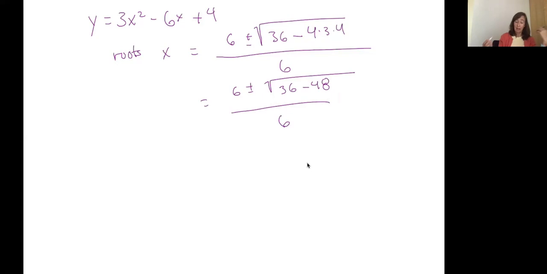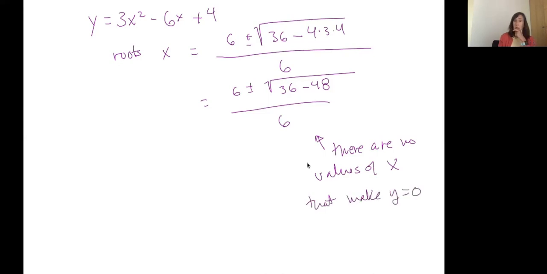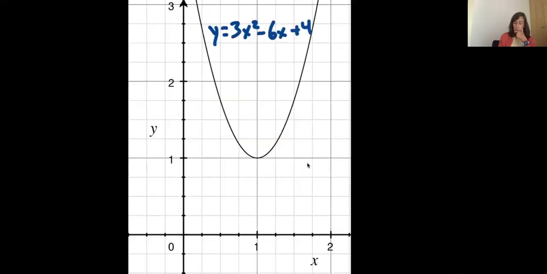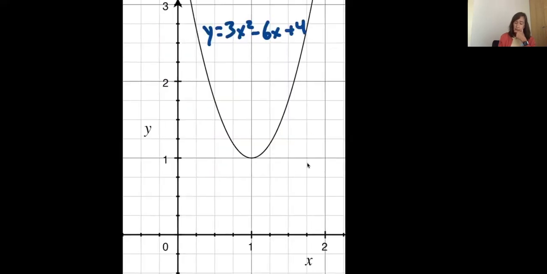Let's step back and think what this is telling us. Okay, what this is telling us is that there are no values of x that make y equals 0 for this function. And look, that's true.